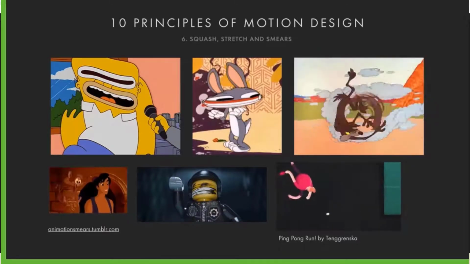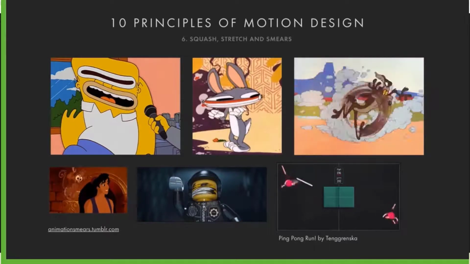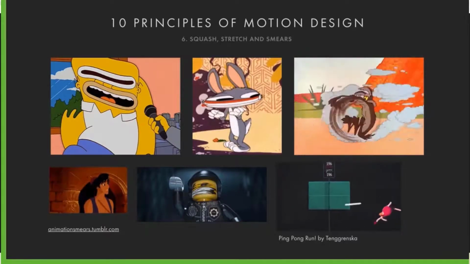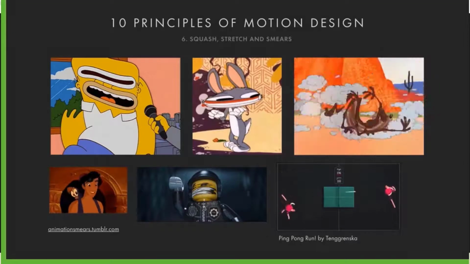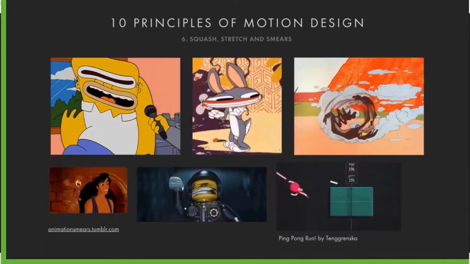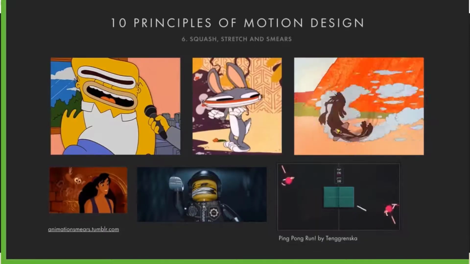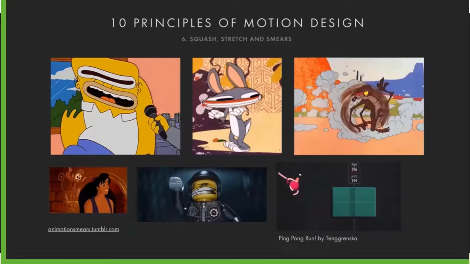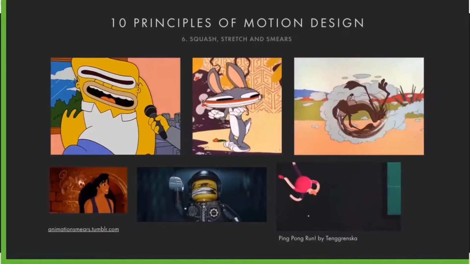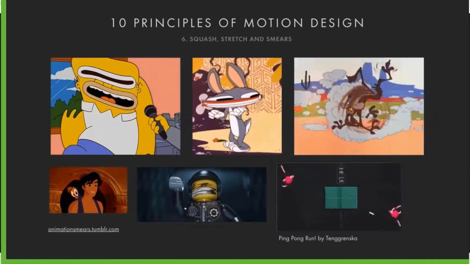So there's that squash, but this is a unique way of doing that called smear. Here you can see the Simpsons, you can see this other cartoon here having this smear. The idea is that it gives the sense of, okay, this particular thing is in motion, is in speed.